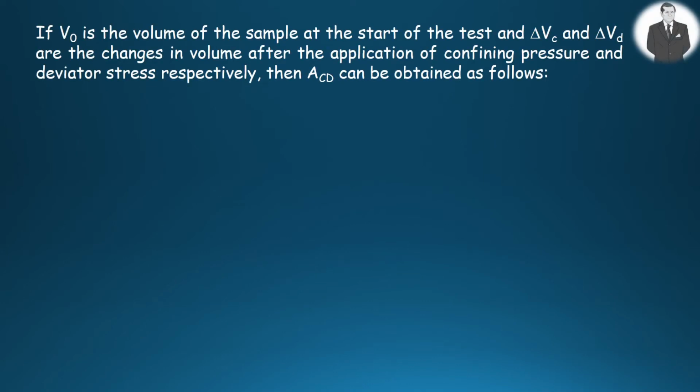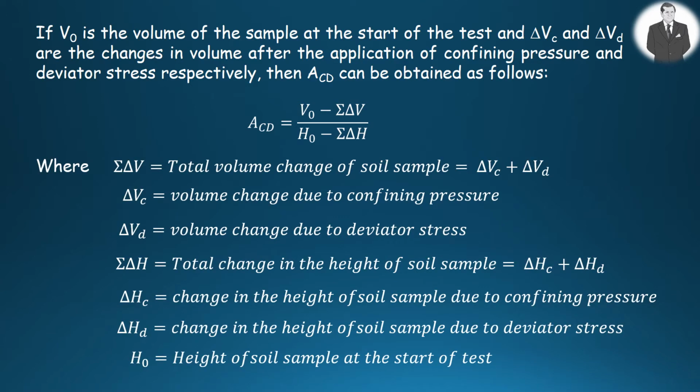If V sub 0 is the volume of the sample at the beginning of the test, and delta V sub C and delta V sub D are the changes in volume after the application of confining pressure and deviator stress respectively, then the cross-sectional area can be obtained by the equation given here, where delta V is the total volume change of soil sample, which is equal to delta V sub C plus delta V sub D. And delta V sub C is the volume change due to confining pressure.